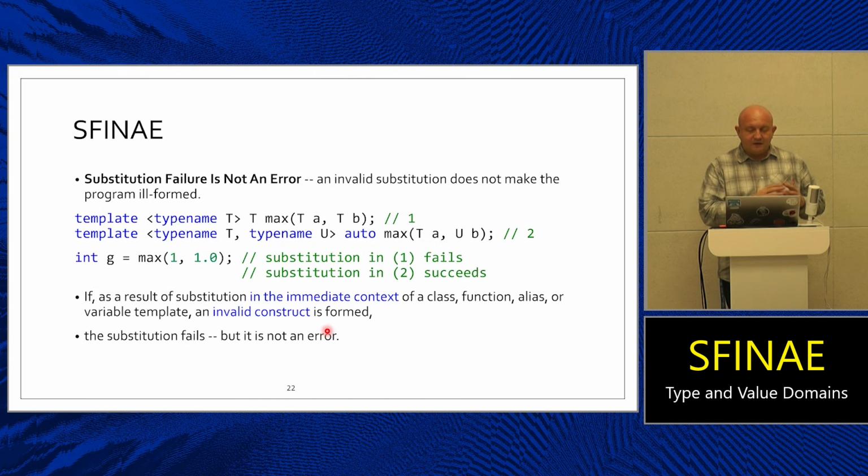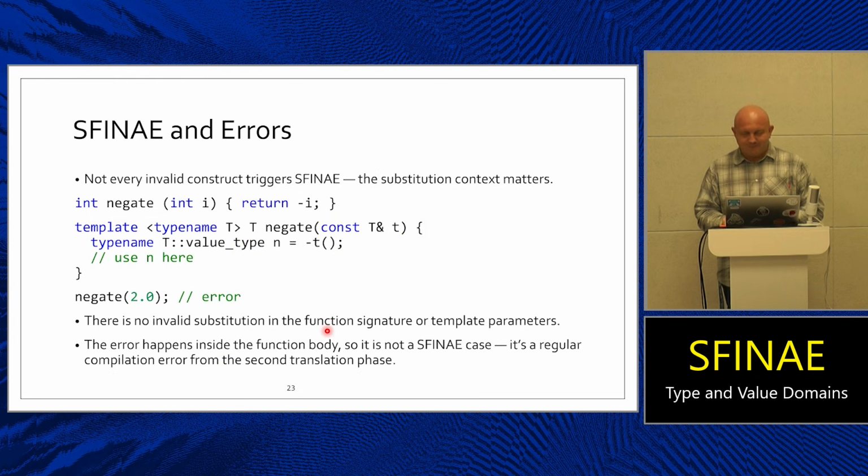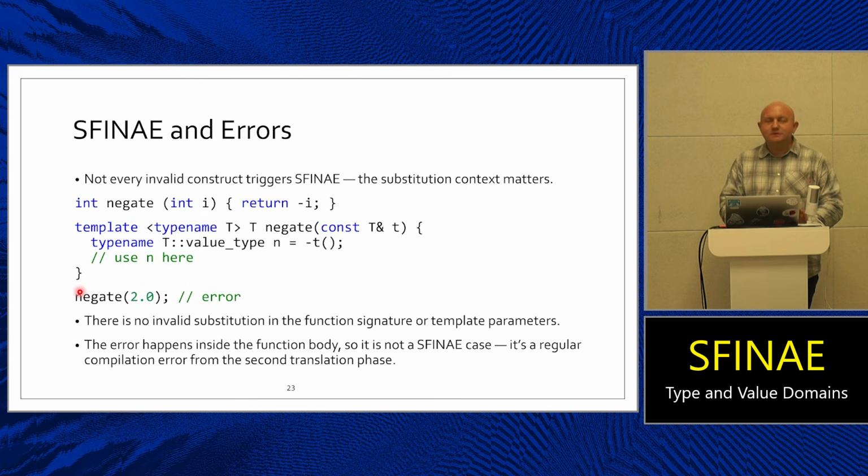And that gives us two questions to keep in mind. First, what exactly counts as the immediate context? And second, what does it mean for a construct to be invalid? And let's look at a counterexample. Suppose we write a template function that tries to use T::value_type inside its body. We then call it with double.